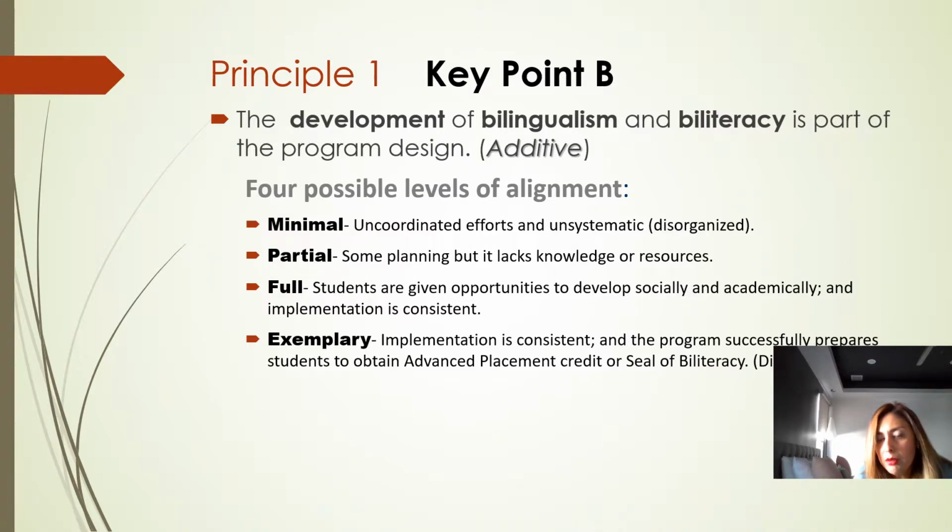If it's partial, there is some planning, but it lacks knowledge or resources. Full means that students are given the opportunities to develop socially and academically, and the implementation is consistent. Once we reach exemplary, implementation is consistent, and the program successfully prepares the students to obtain advanced placement credit or the Seal of Biliteracy at the district level.